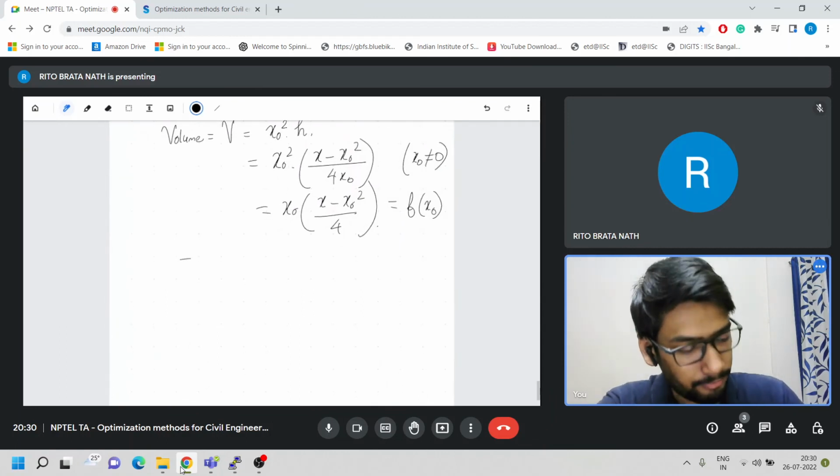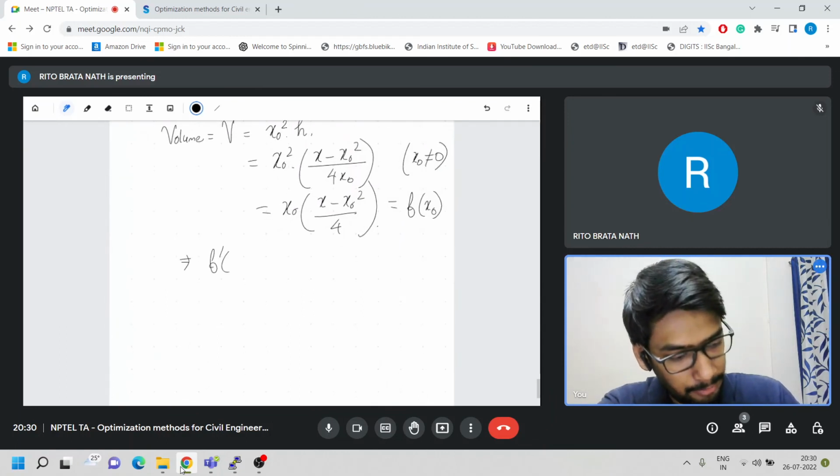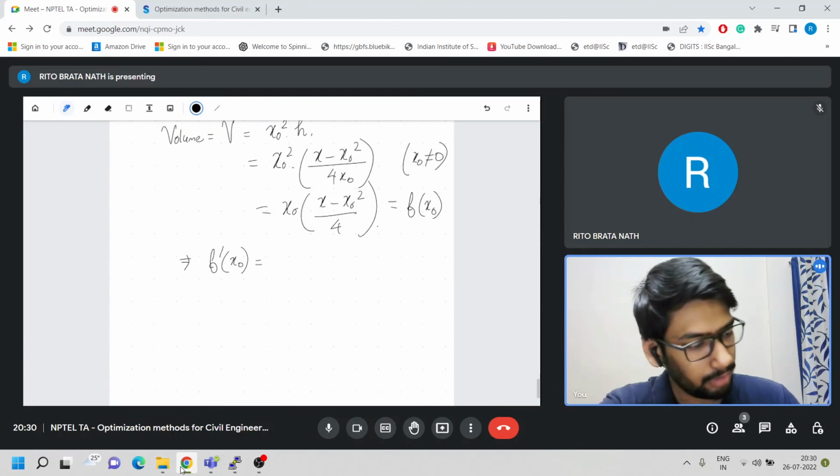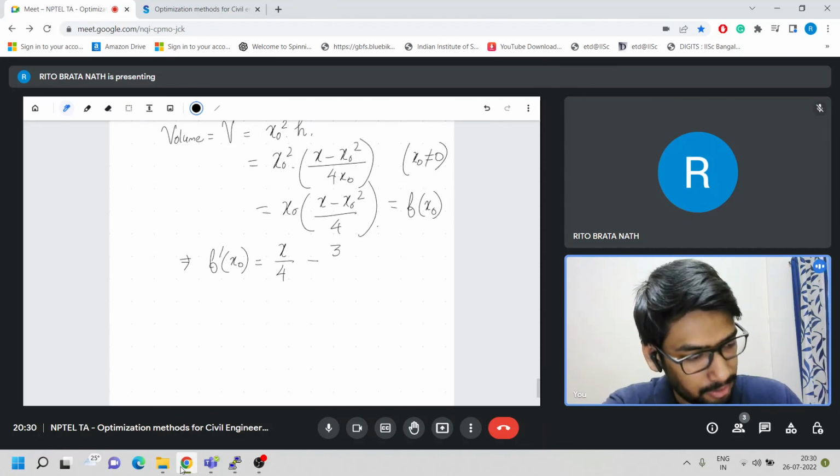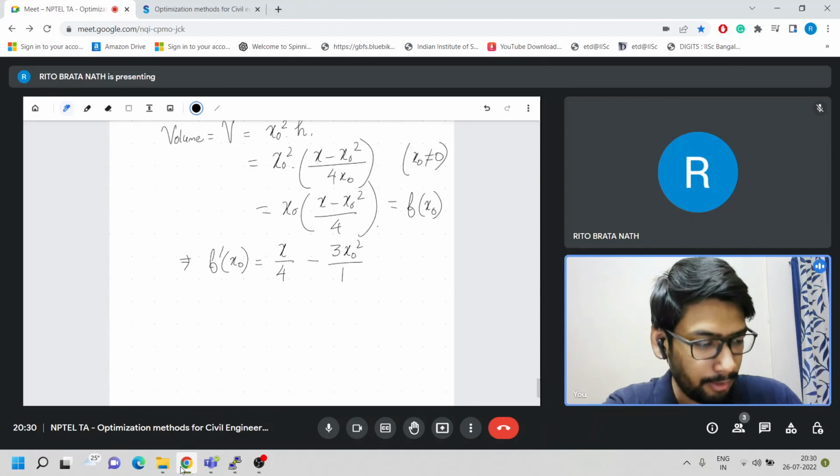So let me put f prime of x naught equals, when you solve it, x divided by 4, and then you will have this term. So you get 3 x naught squared divided by 4.